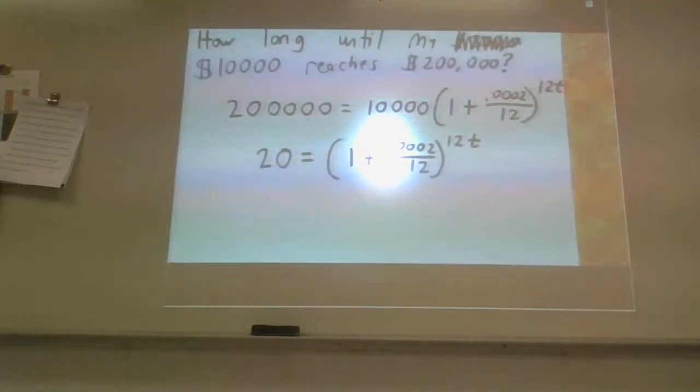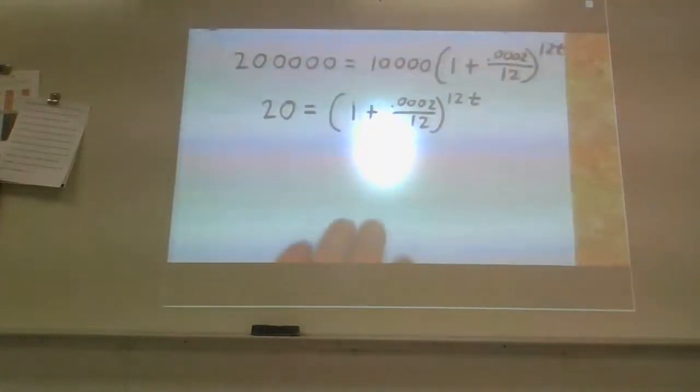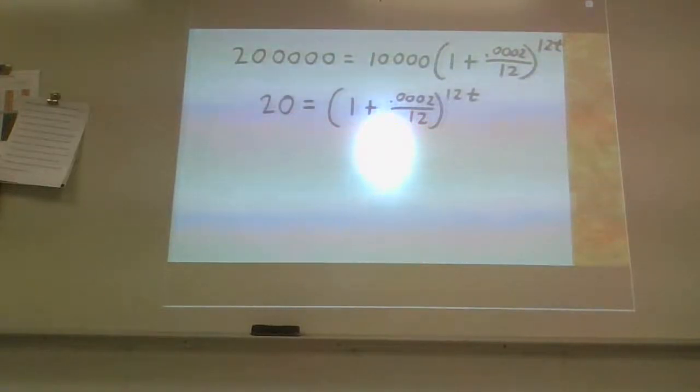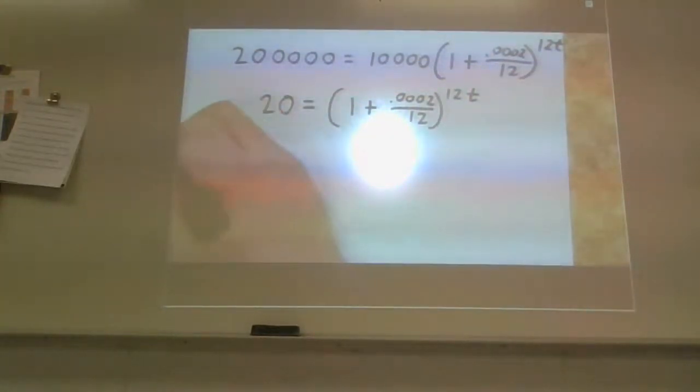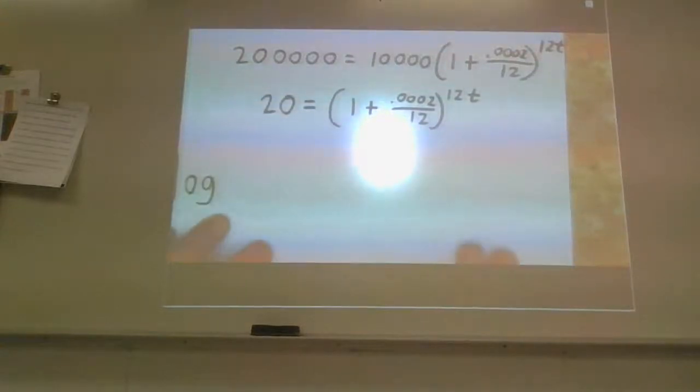Now is the time for logarithms. Logarithms allow you to get the exponent by itself. Logarithms are only needed when you need to solve for an exponent. So I'm going to convert to logarithms, but I'm going to be very precise with how I write this, because obviously you do have a log-based formula in your calculator, but you need to make sure everything's going into the proper location.